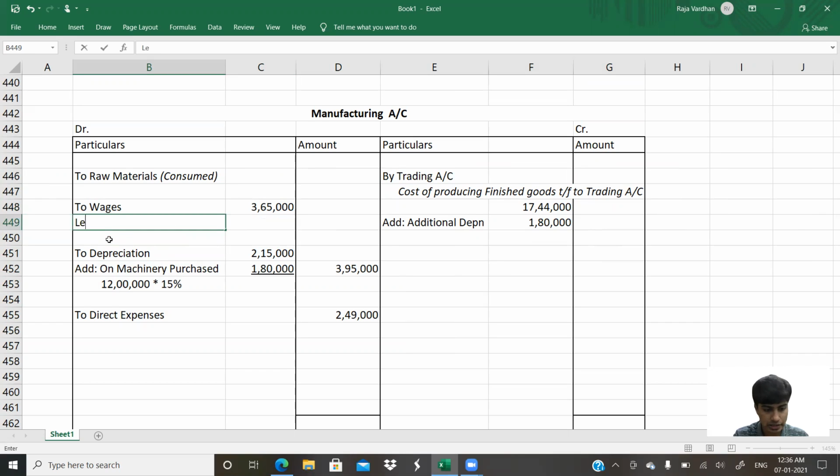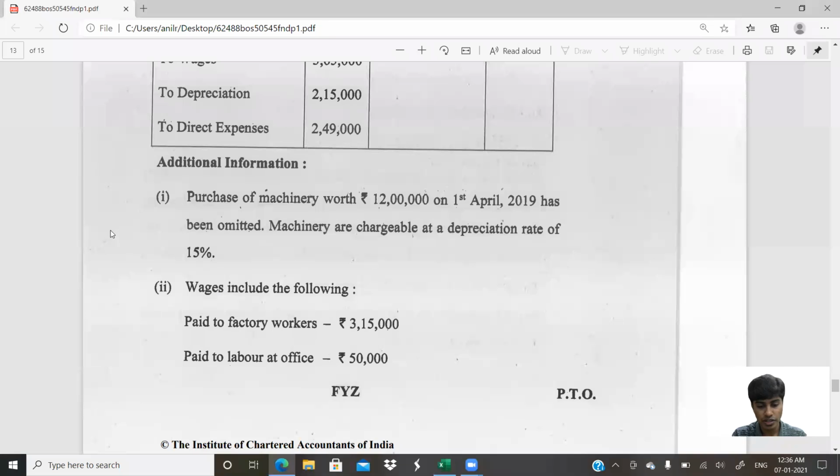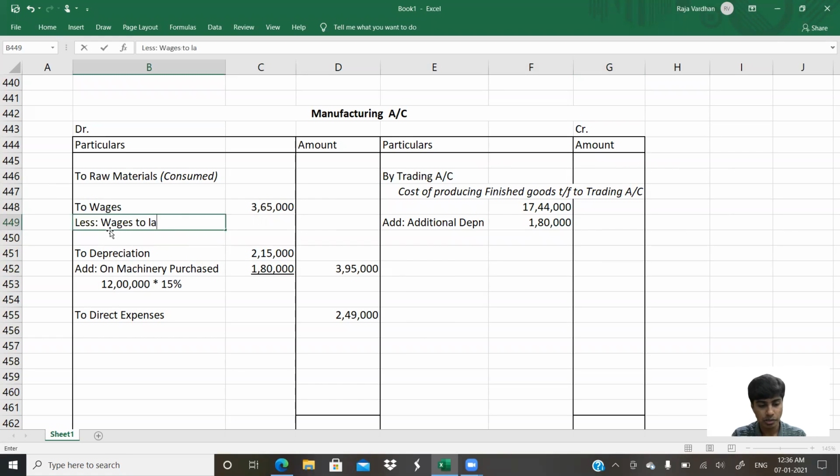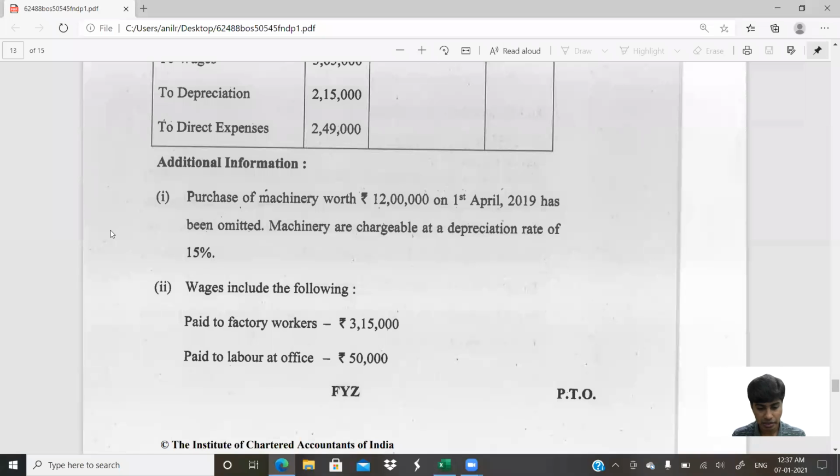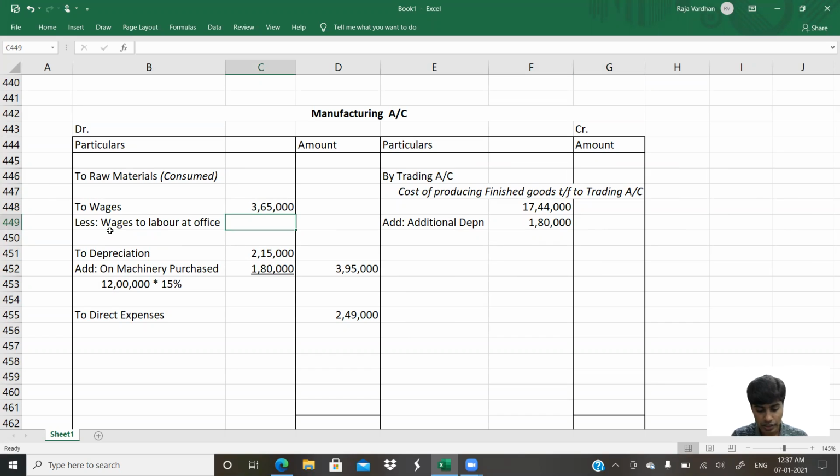I should deduct it. What should I deduct? Wages to office labor. That should not be included. How much is that? That, my friends, is 50,000. So I'll write it as 50,000. When I deduct it, how much will be my correct wages? My correct wages will be 3,65,000 minus 50,000. That is 3,15,000.